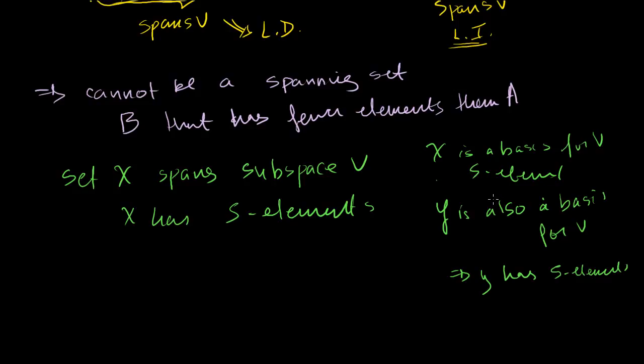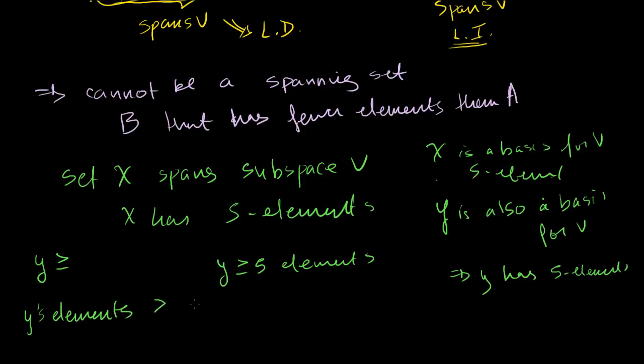We just proved that. So one way, we know that Y has to have greater than or equal to 5 elements. But on the other hand, if Y is a basis for V, and X is a basis, X also spans V. So we know that Y's elements have to be greater than or equal to X's elements, because any spanning set has to have at least as many elements as a basis set.